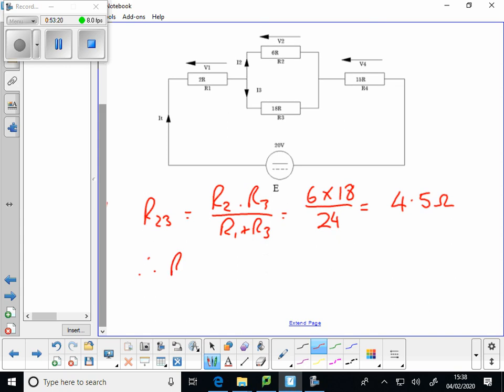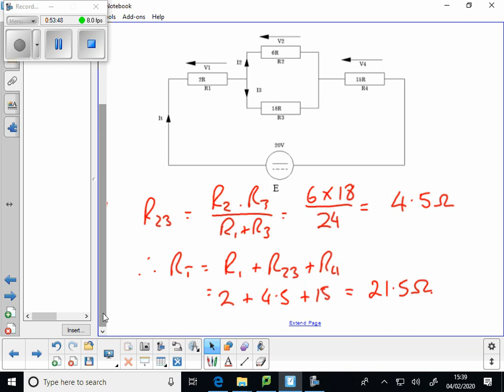Therefore, RT is equal to R1 plus R23 plus R4, which is 2 plus 4.5 plus 15 equals 21.5 ohms.